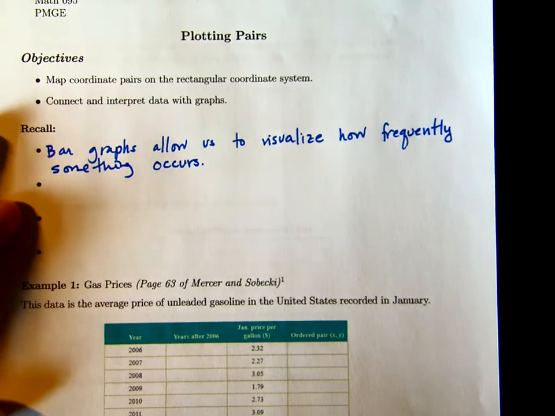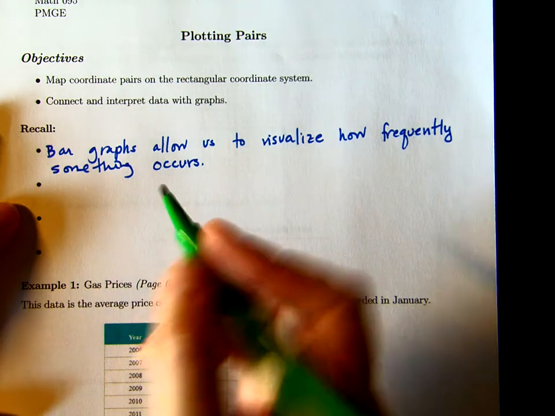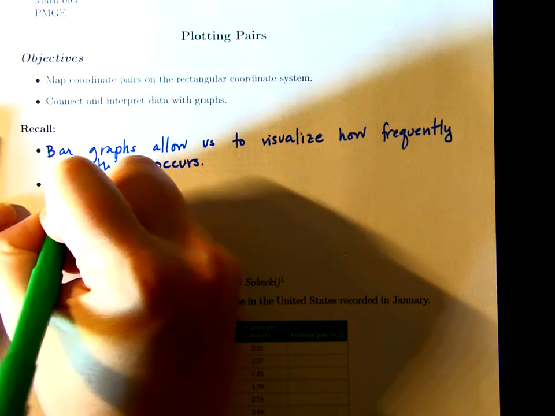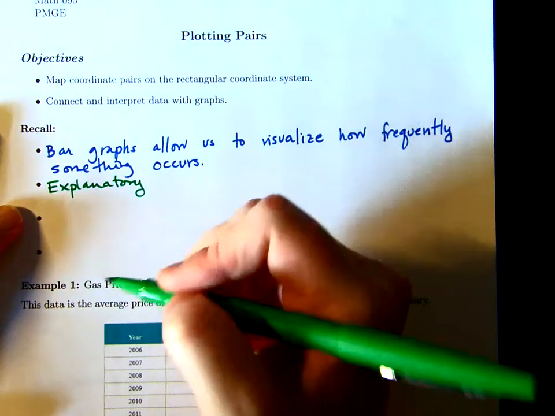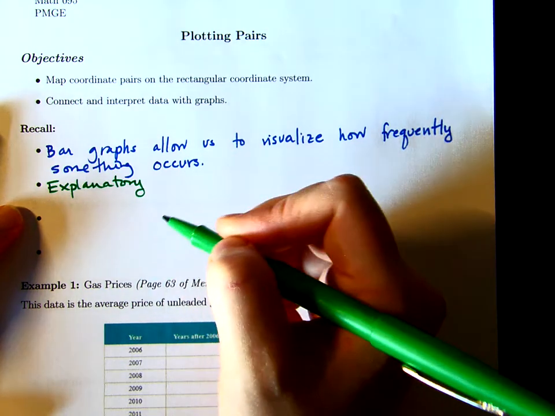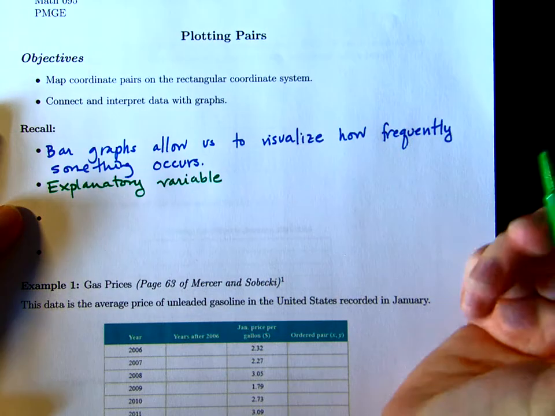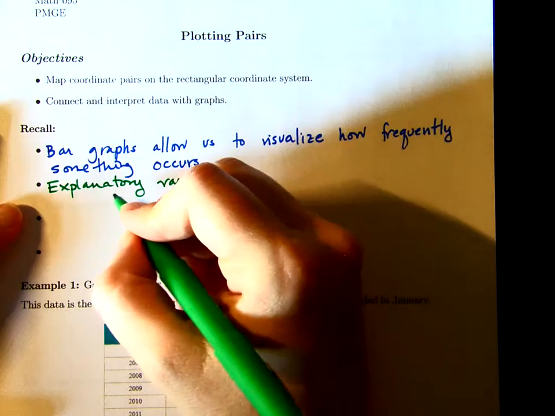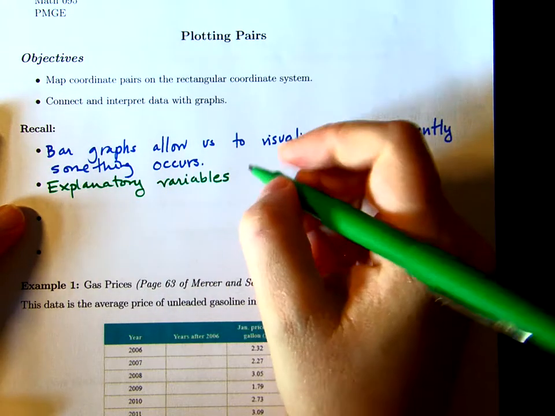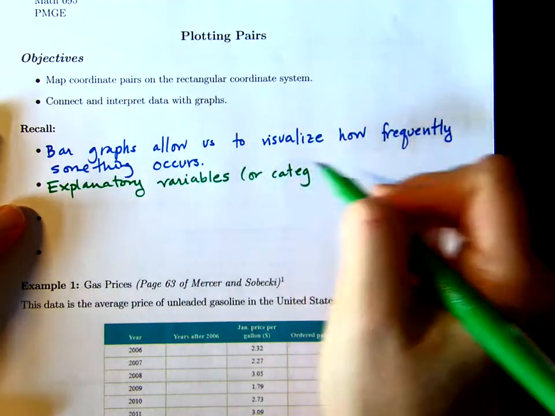Another recall. The explanatory variable is traditionally on the horizontal axis. So if we know that there is an explanatory and a responding variable, then we like to assign them a location. In the bar graph, it was categories.